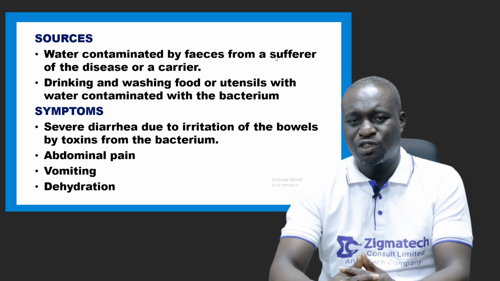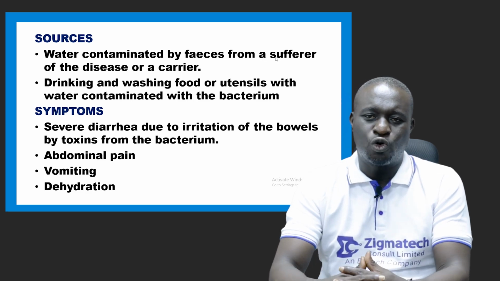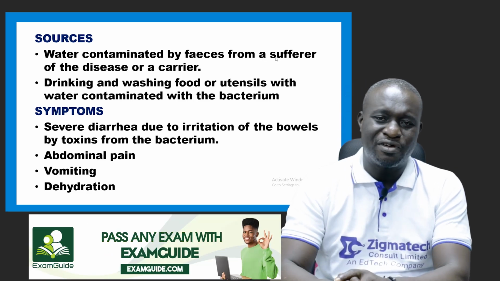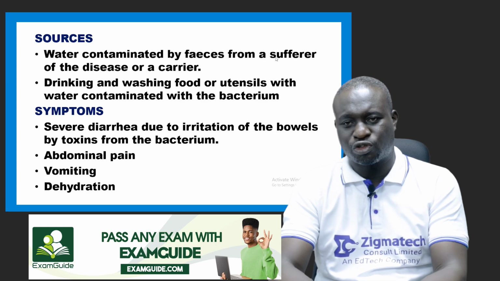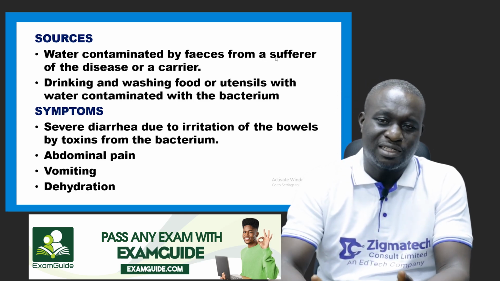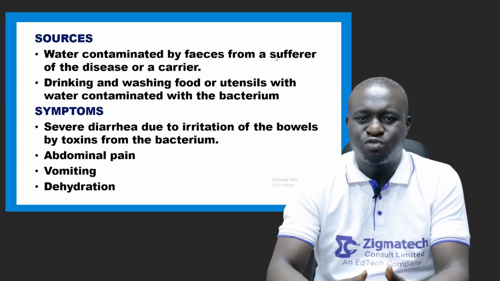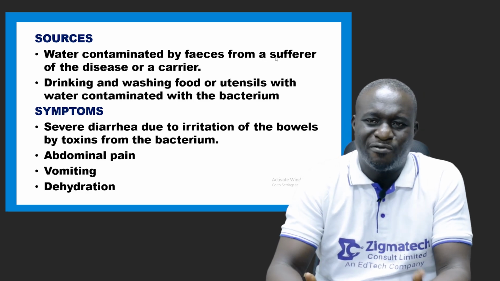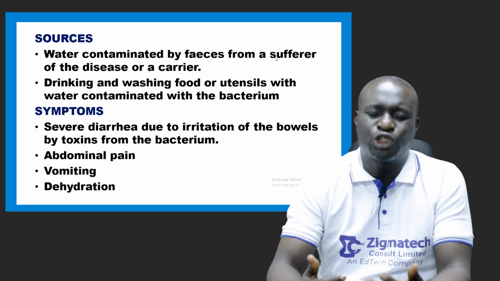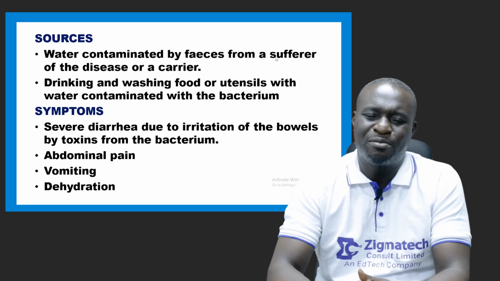Now, the source of this kind of disease is contaminated water, which has been contaminated with feces of the carrier, being used to wash food, to wash utensils that are used for cooking food, and also for drinking. When somebody drinks that contaminated water, the person ends up having the bacterium called Vibrio cholerae.